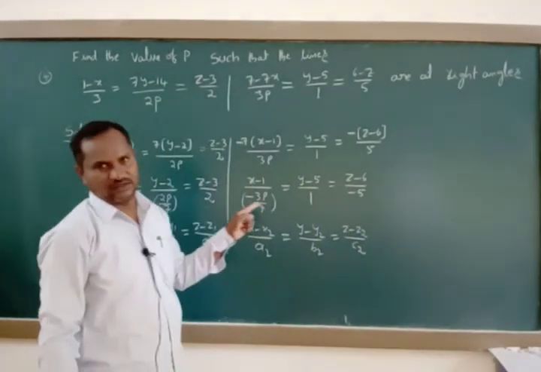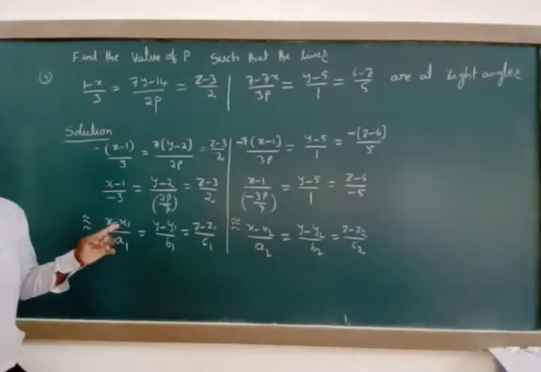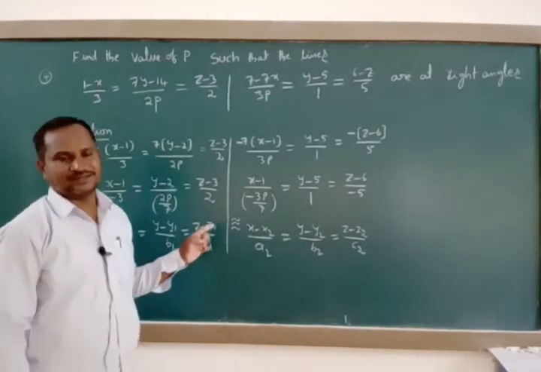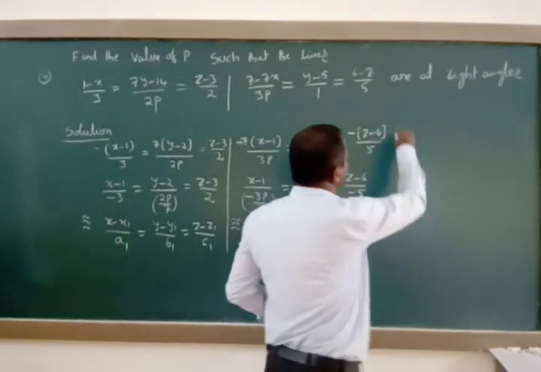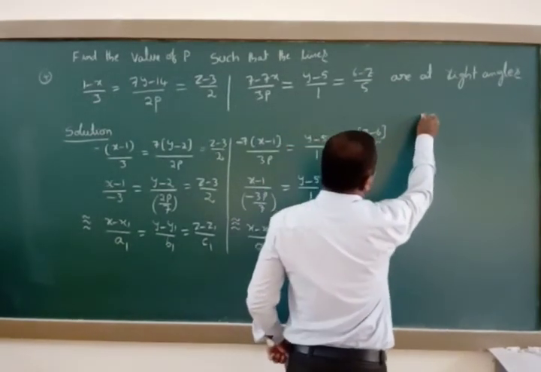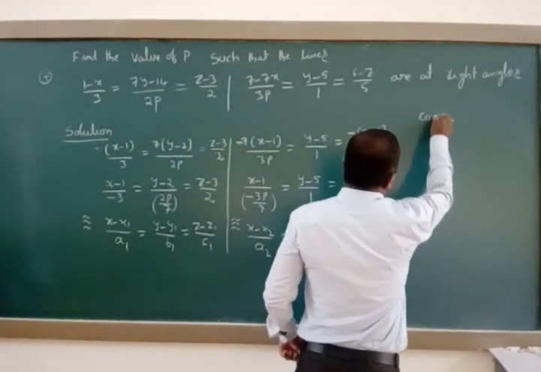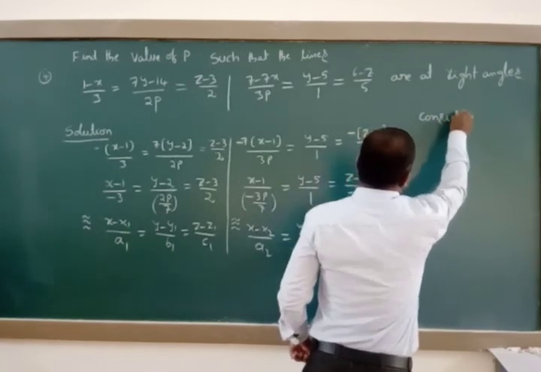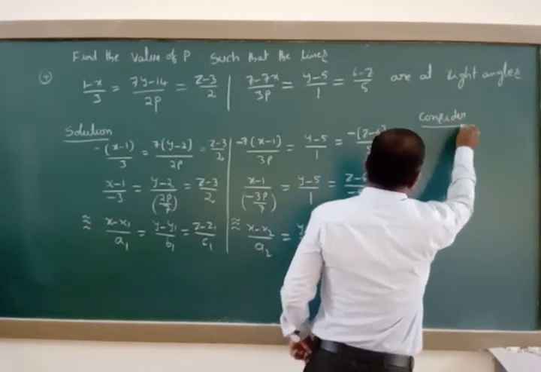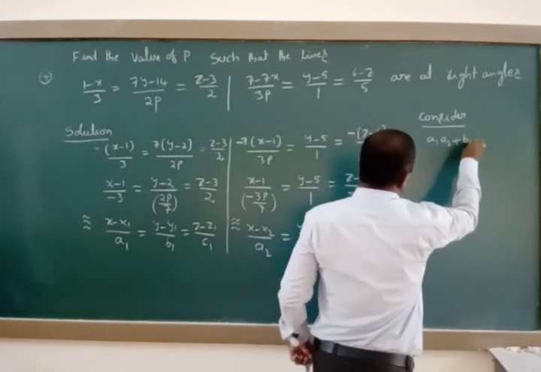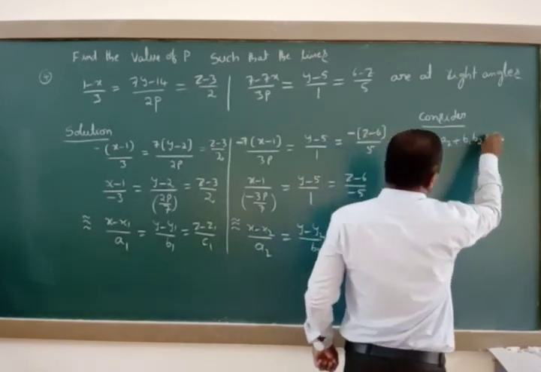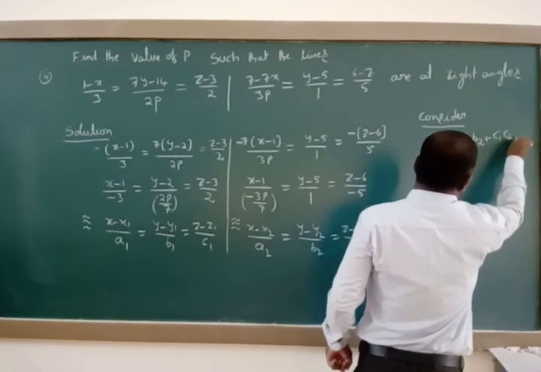Before this I told you one standard condition: two lines cut perpendicularly, or cut at right angles. We have one condition, that is a1 a2 plus b1 b2 plus c1 c2 is equal to 0.